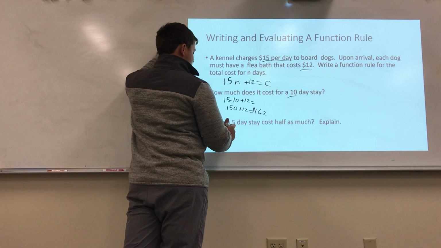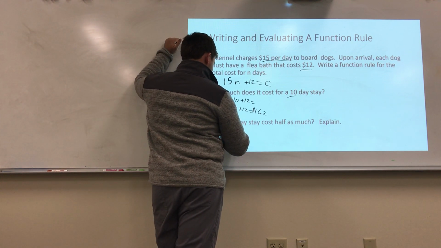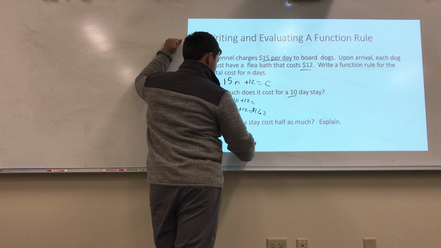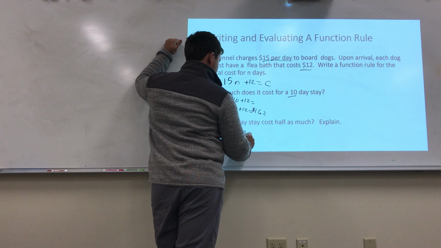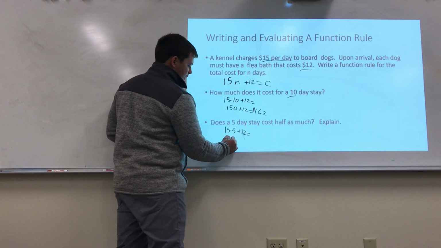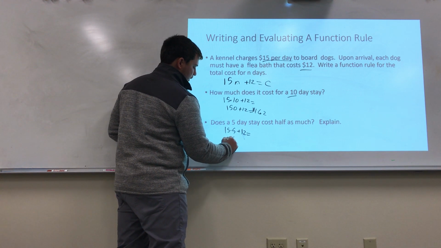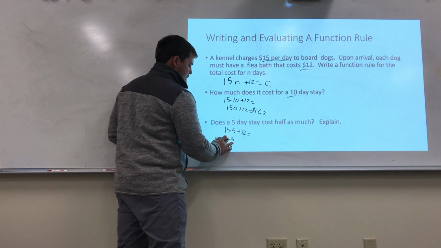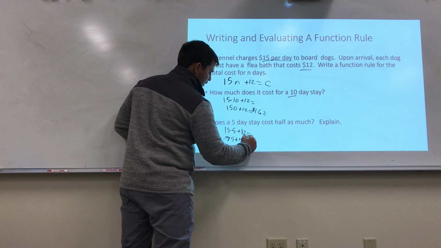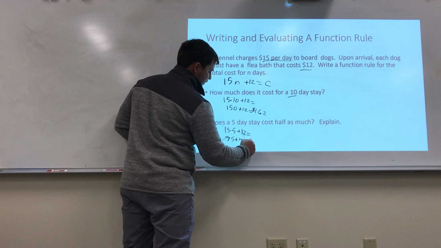Well, let's figure this out. 15 times 5 plus 12. You're going to get 75 plus 12, which is $87.